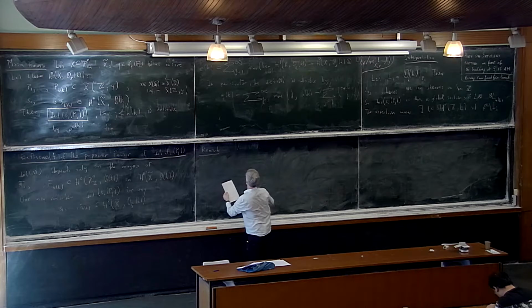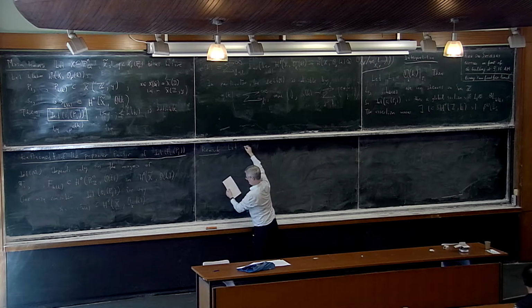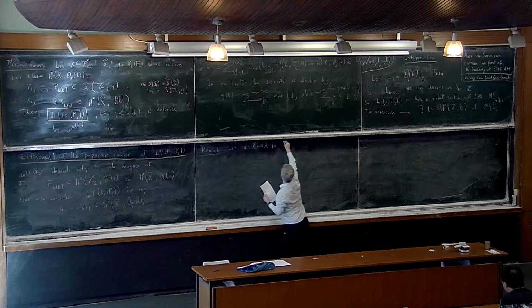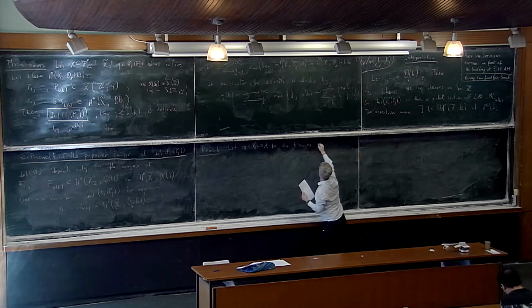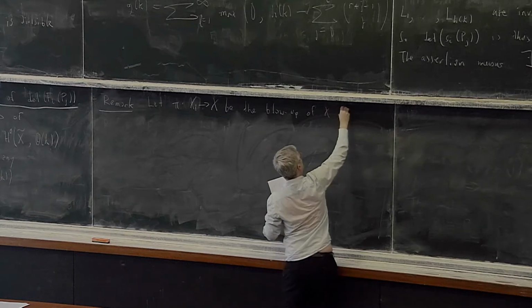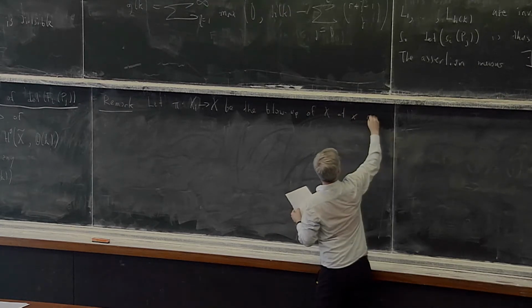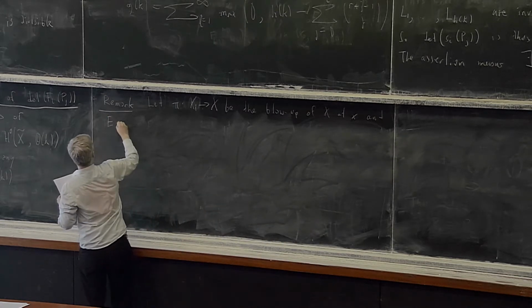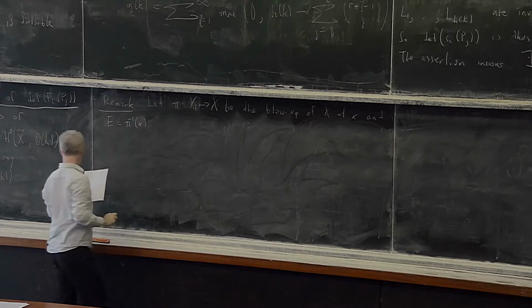So let pi: X_1 to X be the blow up of X at x, and E be the exceptional divisor here.